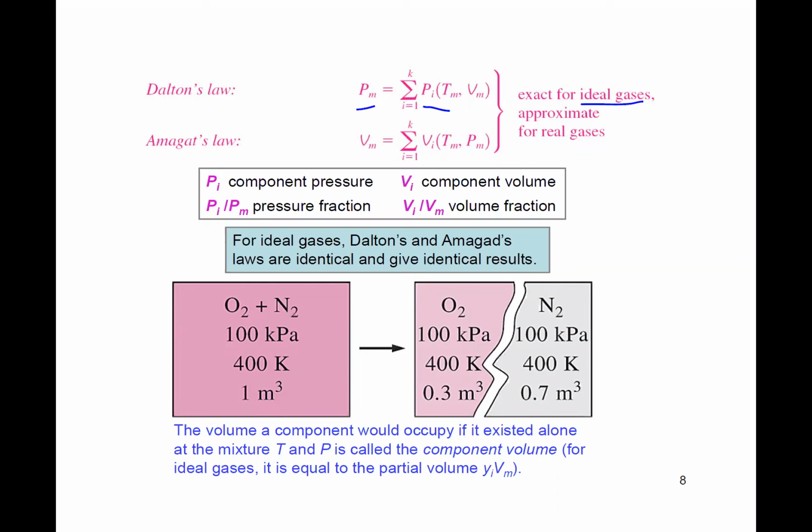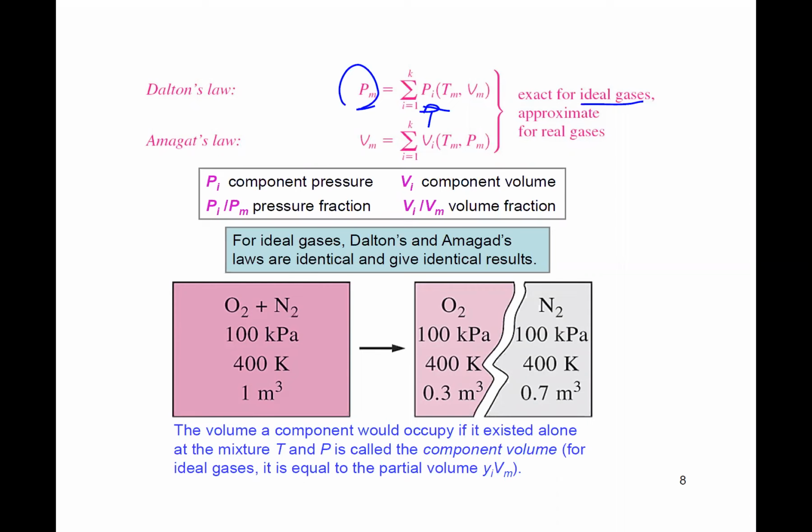Like in the example we did in chapter 15, sorry, even though this is 13 and 14, chapter 15, when we looked at the exhaust coming out of a combustion chamber, we needed to get the pressure of the water vapor, and it had a mixture of all those products. If you sum up the pressures of all those products, you get the mixture pressure of the exhaust, the total. So we just wanted the pressure of one of the individual components.